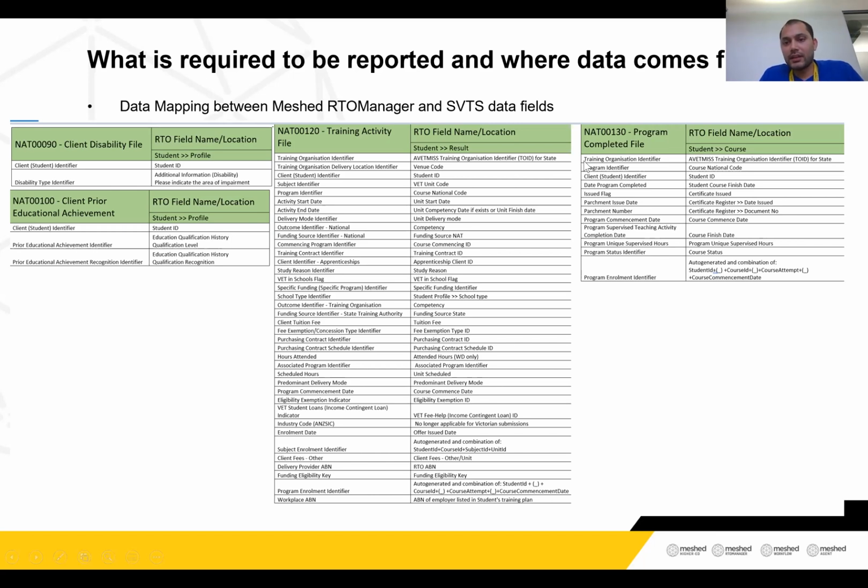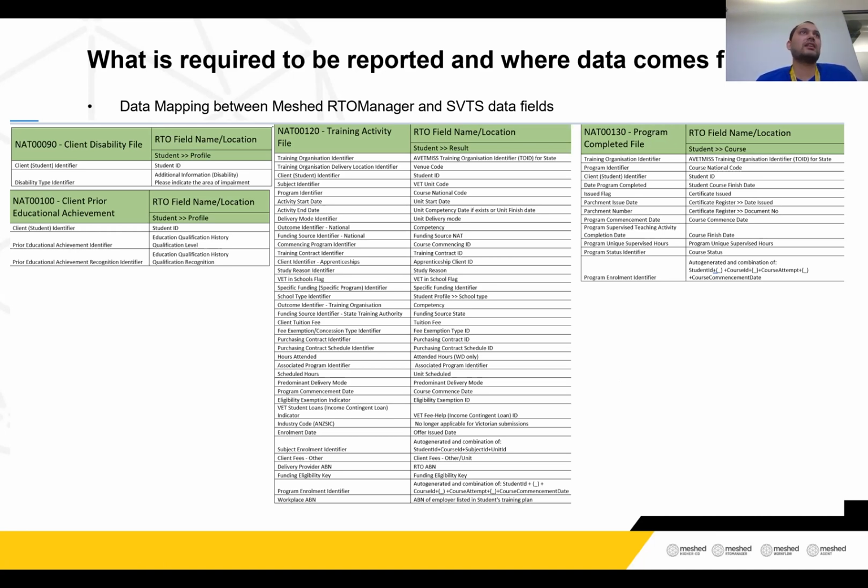Now the last one here is NAT 130, which is the student's program completed file. SVTS creates a NAT 130 file even when students are continuing enrollment. If they're current students, it also reports the data in NAT 130, and from the system you can confidently say the student has successfully completed the course when you have changed the student course status to completed, graduated, and you have issued a certificate.